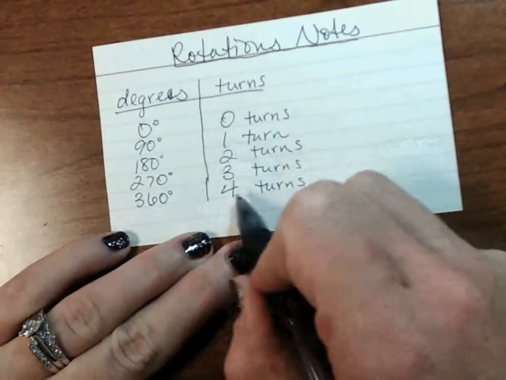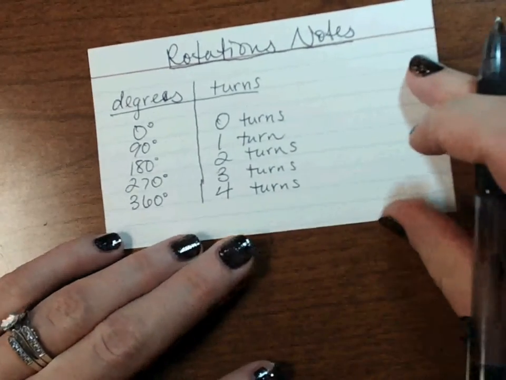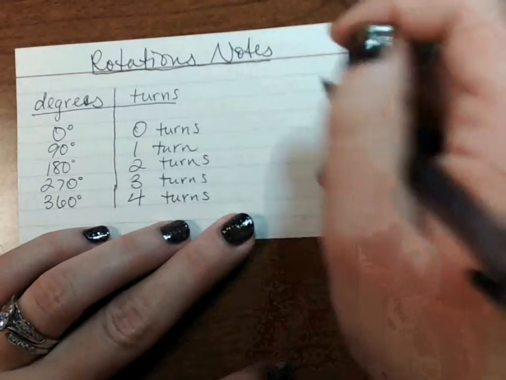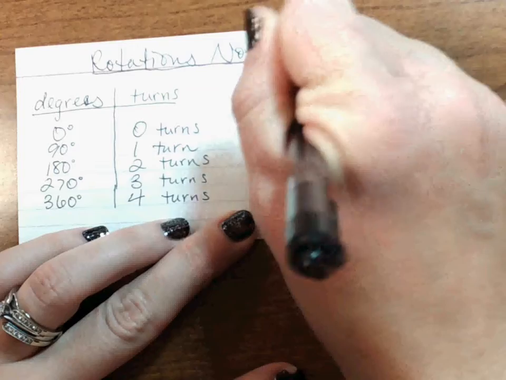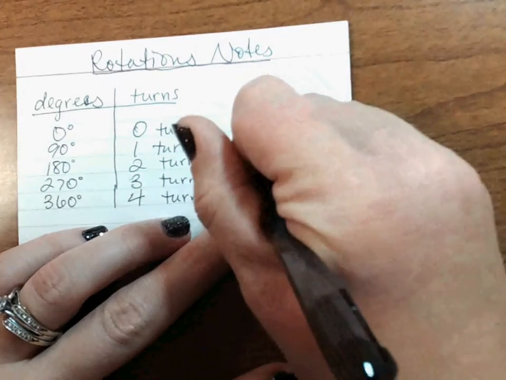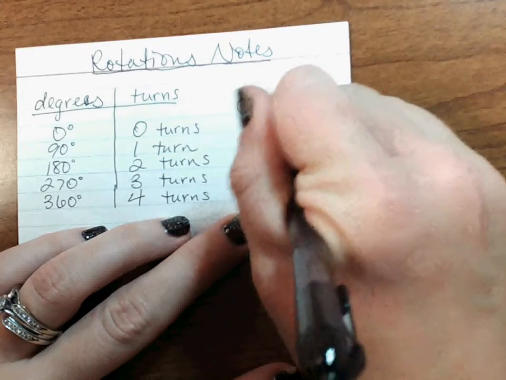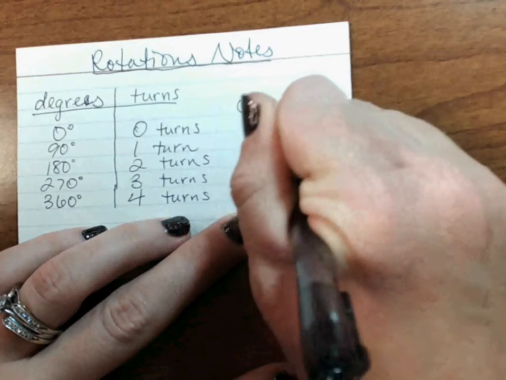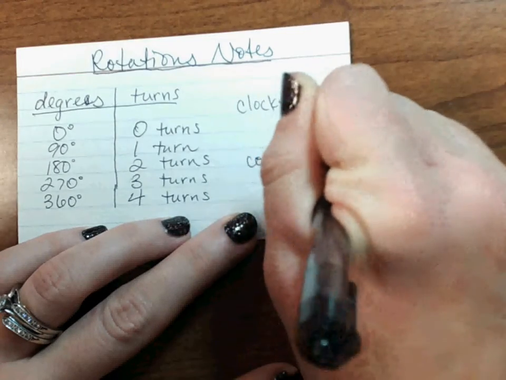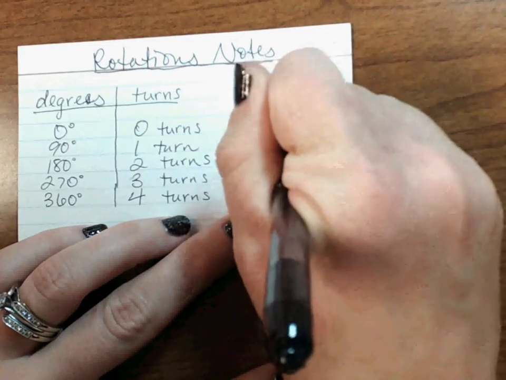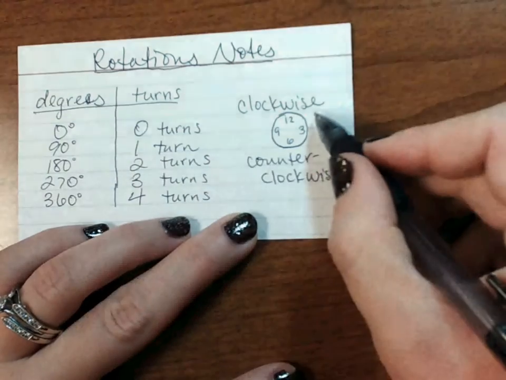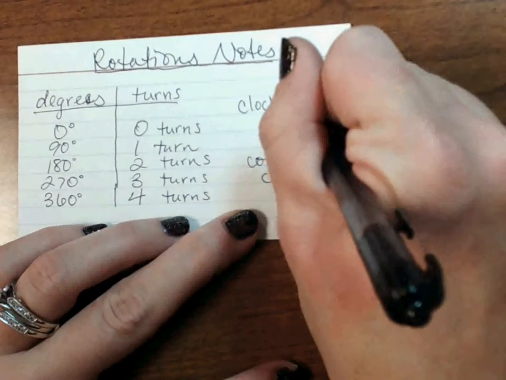Now, we know how many times to turn, but we also have to know which direction. So your 2 options are going to be clockwise or counterclockwise. So for clockwise, if you think about a clock, 12, 3, 6, and 9, clockwise would move generally how the hands on a clock would move.